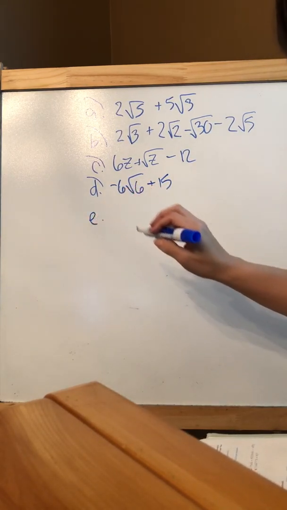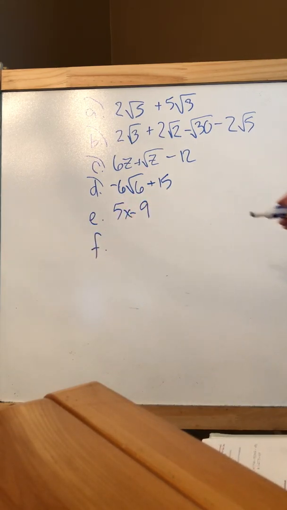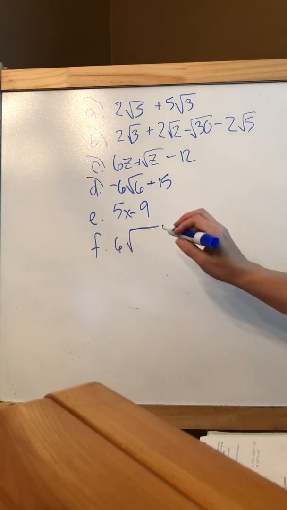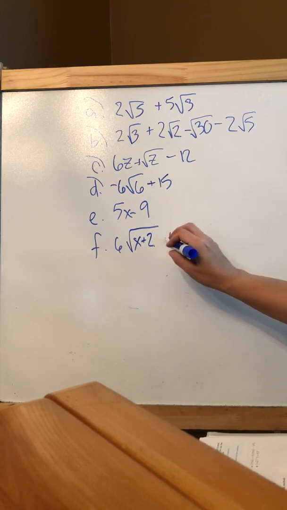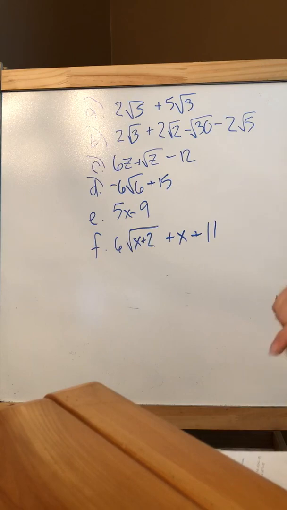For E, you should get 5x minus 9. And finally, for F, you should get 6 times the square root of x plus 2 plus x plus 11, and they can be in a different order.